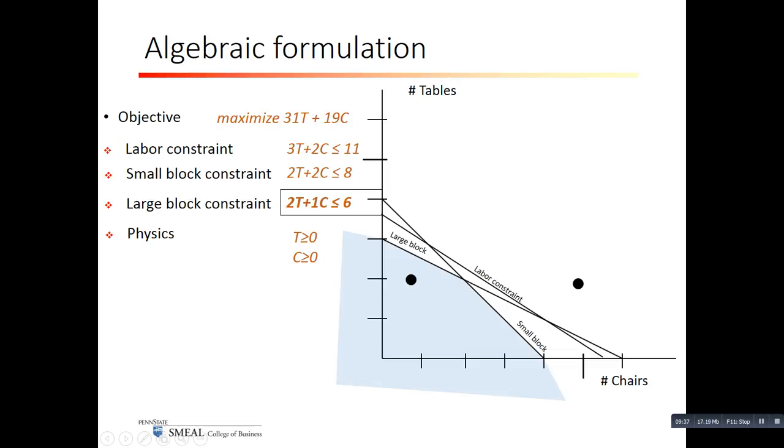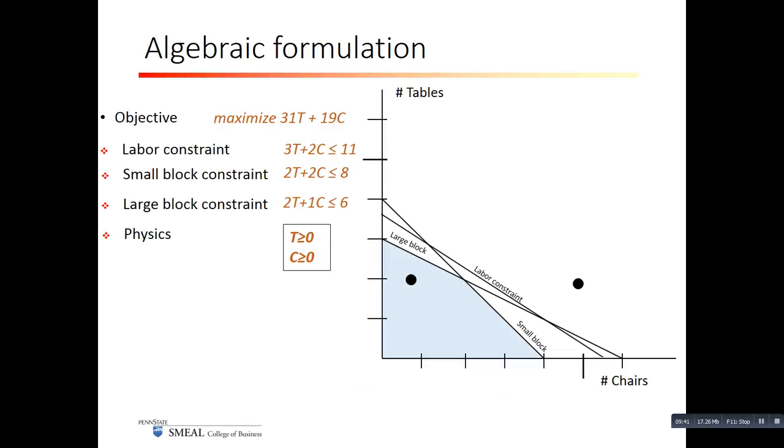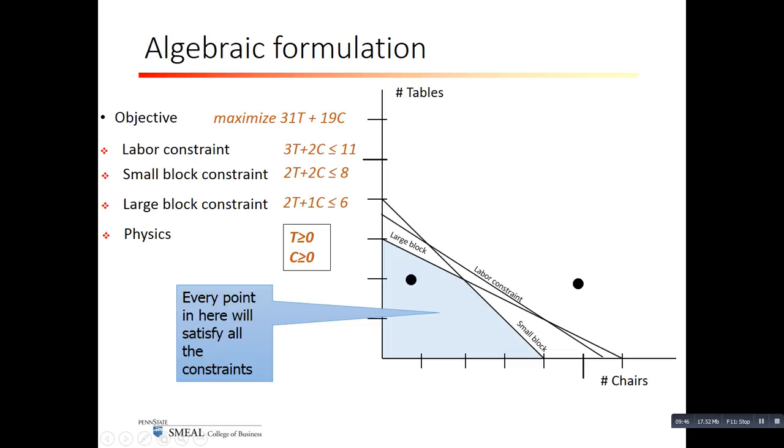Lastly, we look at the physical constraint, and it removes this negative region. So this is our feasible region, because every point in this area would satisfy all the constraints we have.